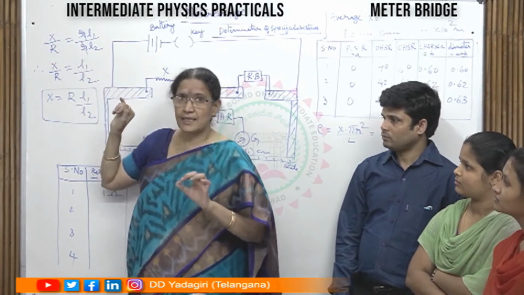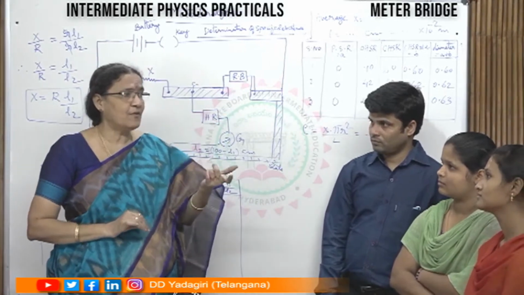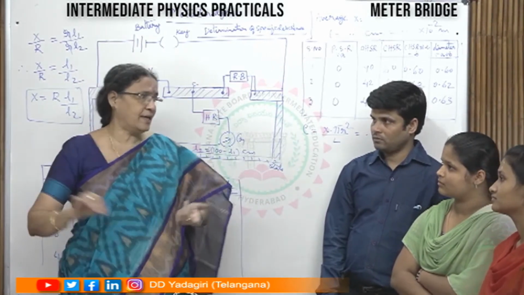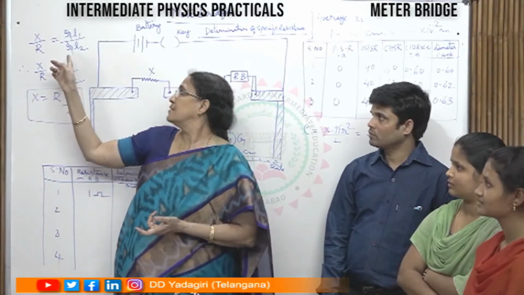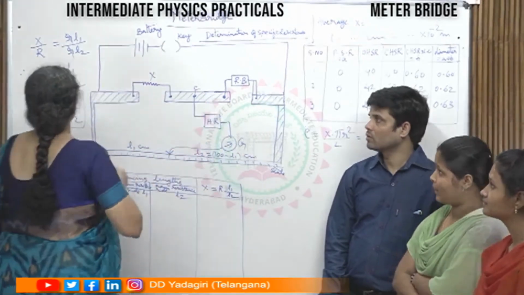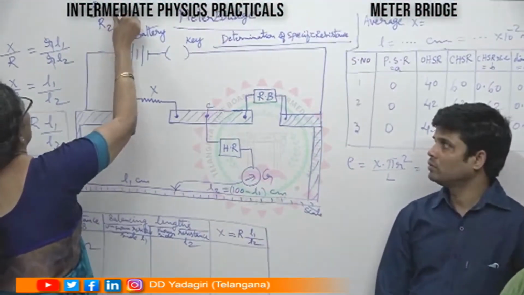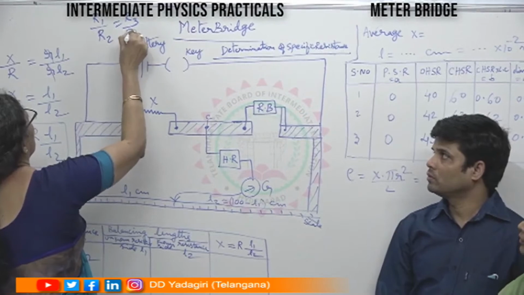So for 1 centimeter, if r ohms is the resistance, for L1 centimeters, how much will it be? L1r ohms. So what you have learned from theory is R1 by R2 is equal to R3 by R4.